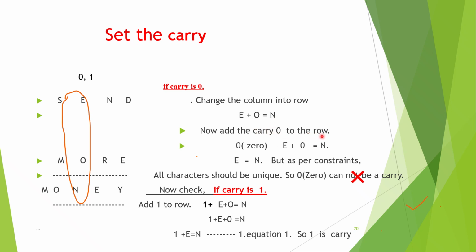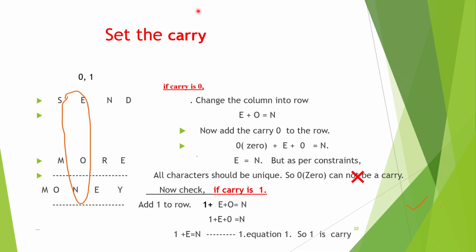So 0 plus E plus O equal to N. If you strike out this 0, E is equal to N. But as per the constraints, all characters should be unique. No two characters should be equal, right? Here, E and N are equal. The condition is not satisfied. So 0 cannot be a carry.